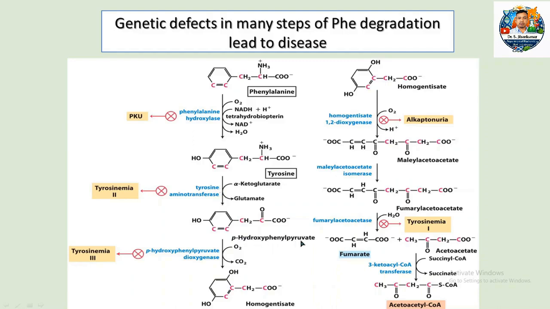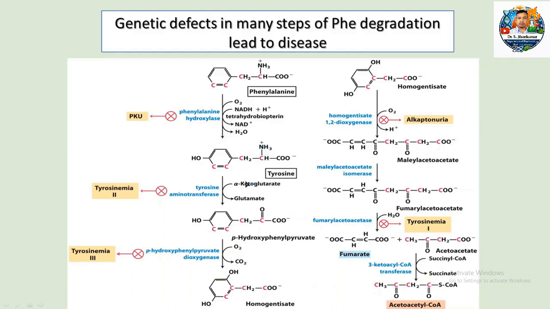In the next step, tyrosine is converted to para-hydroxyphenylpyruvate. If you see these two structures, tyrosine and para-hydroxyphenylpyruvate, the difference between these two molecules is this. Para-hydroxyphenylpyruvate has a carbonyl group here, where tyrosine has the alpha amino group.